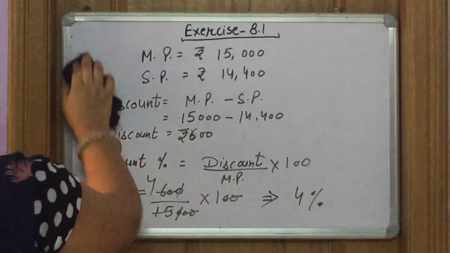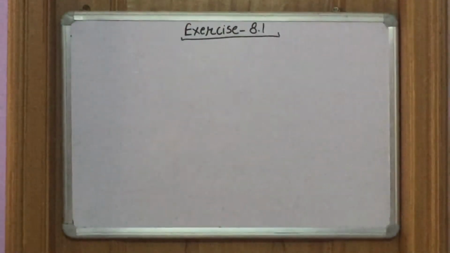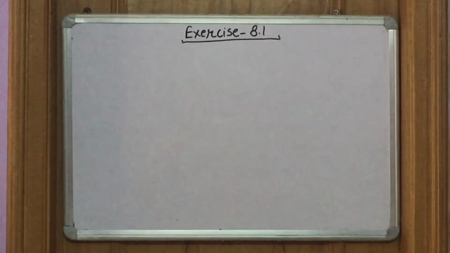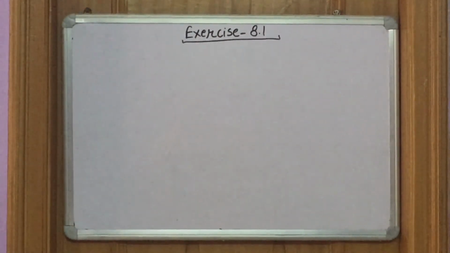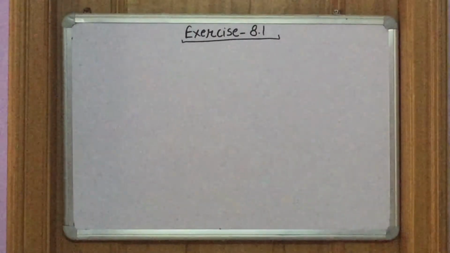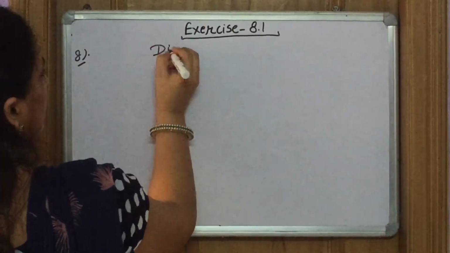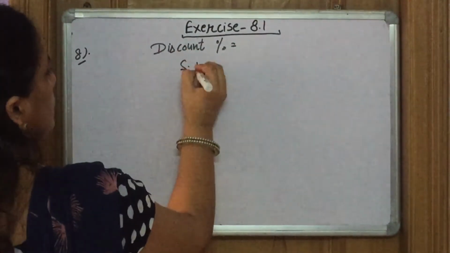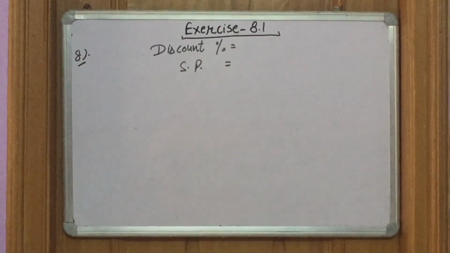So this is our question number 7. Next question is question number 8. In question number 8, we are given discount percentage on the mark price of an article, and also its selling price is given, which is equal to 680. So discount percentage is given and also selling price is given, but mark price is not given.